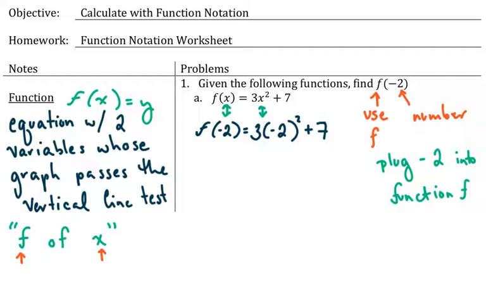And from there, it's just an evaluate problem. So remember that you want to follow your order of operations. Multiplication first: 3 times -2 is -6, plus 7. And lastly, our addition, 1.